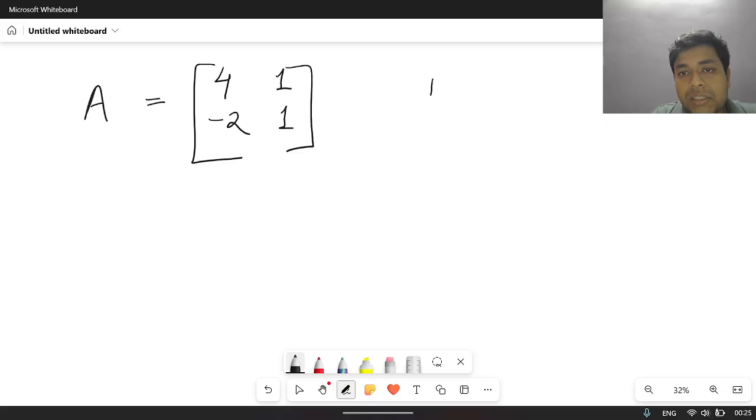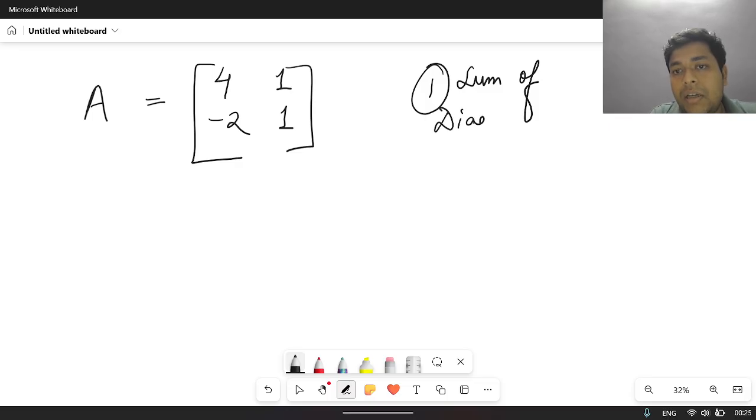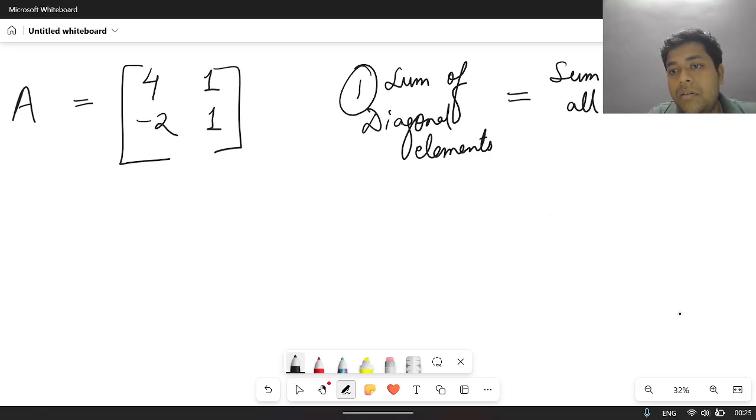The first property is that the sum of diagonal elements equals the sum of all eigenvalues.